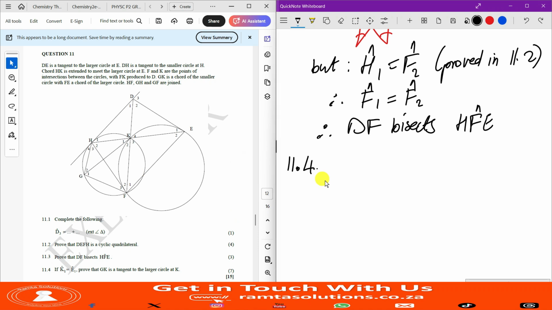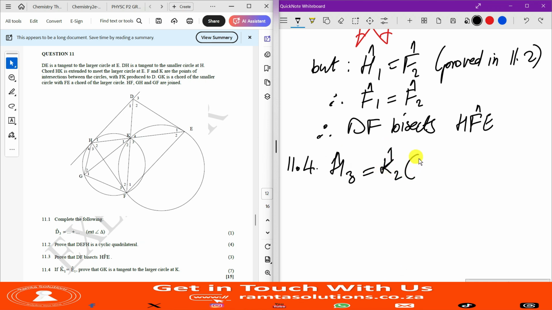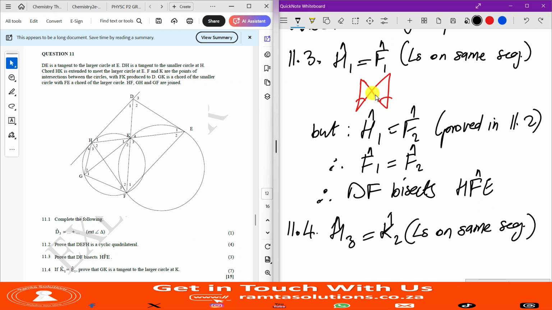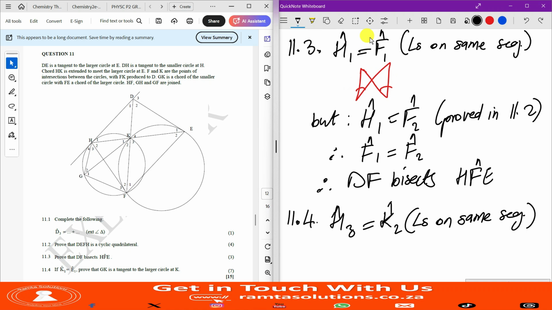Angle H3 is equal to angle K2. Why? These are angles on the same segment. Can you see them? These are angles on the same segment. Do you see that? They are angles on the same segment.